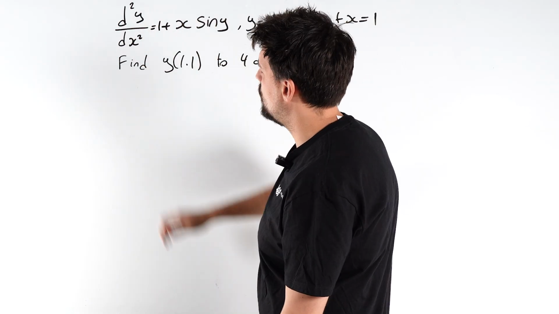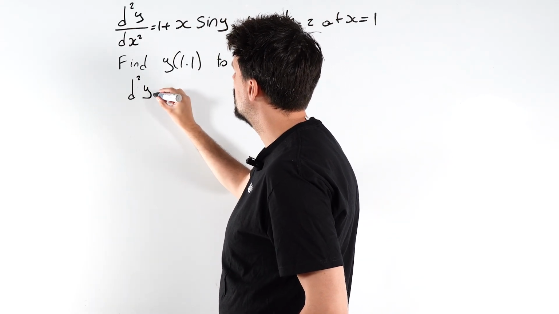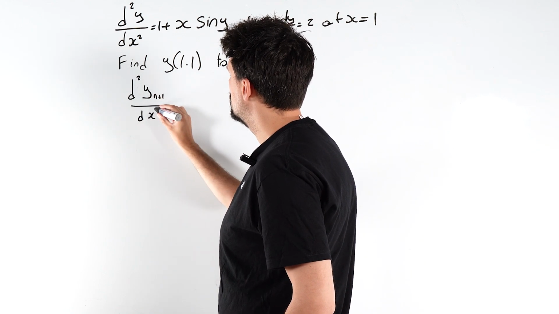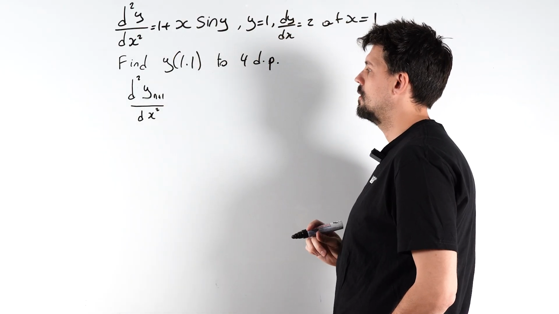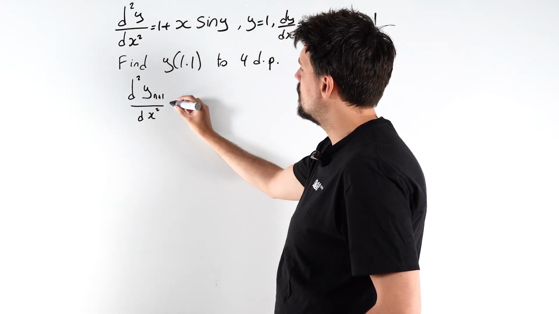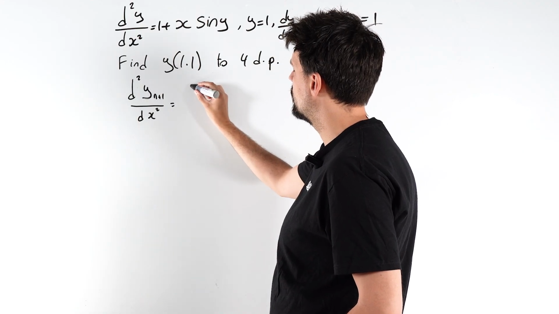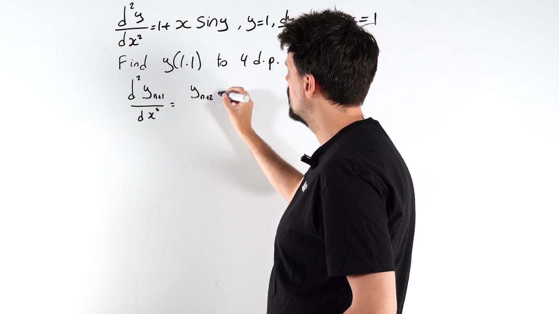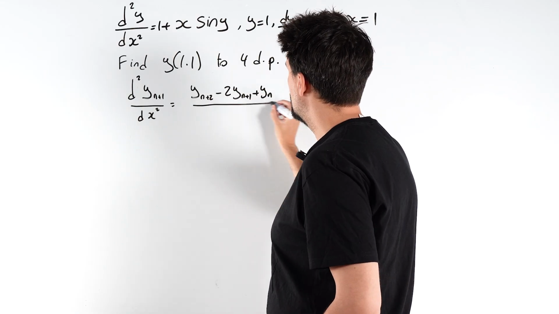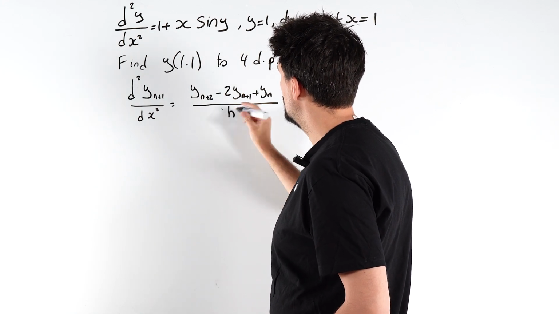Now, this is a second order differential equation, so what we really want is d2y n plus 1, the n plus 1th second derivative, which we are going to approximate with this little chestnut, over h squared.